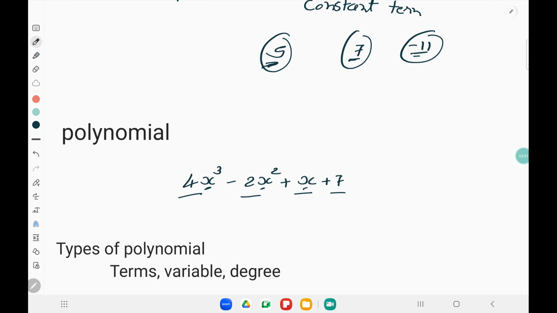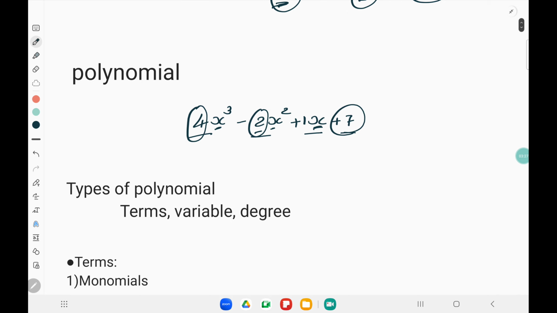It has x as the variable. And here the first term has 4 as the coefficient, x square has 2 as the coefficient, this x has no coefficient, which means we consider it as 1, which is invisible, and the last term is a constant term because it has no variable.